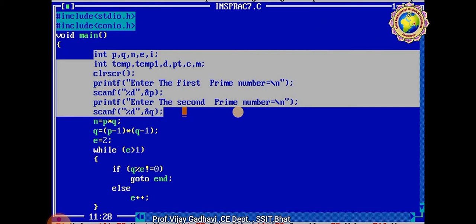is equal to p multiplied by q, then phi is equal to (p minus 1) multiplied by (q minus 1). Here we specify and fix the value of e is equal to 2. n is released as a part of the public key, and p and q are kept secret.